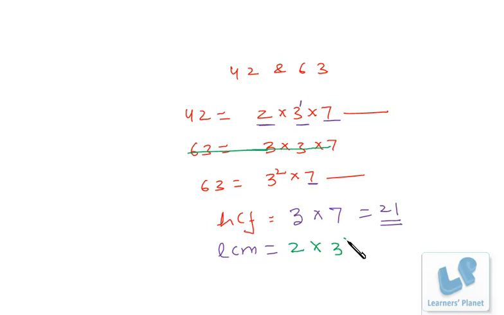Then the greatest exponent of 7 is 1 only, so it's 7. So 7 into 3 threes are 9, 9 sevens are 63, and 63 into 2 is 126. So the LCM of these two numbers is 126 and the HCF is 21.